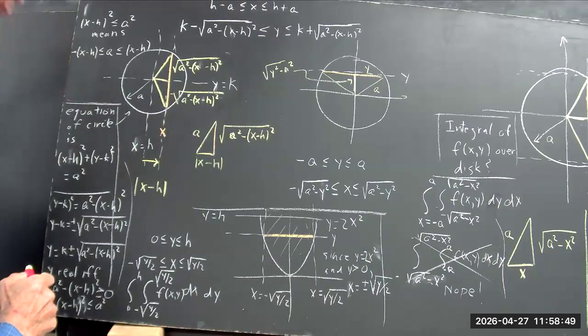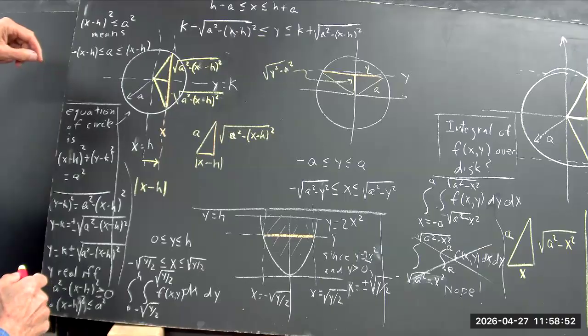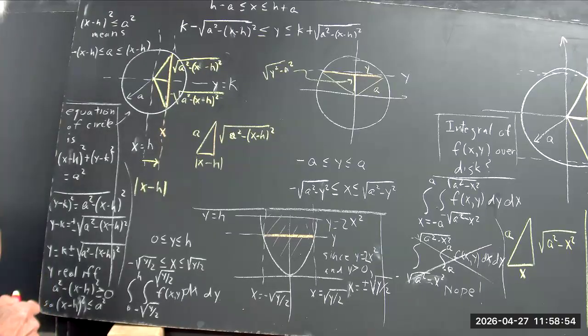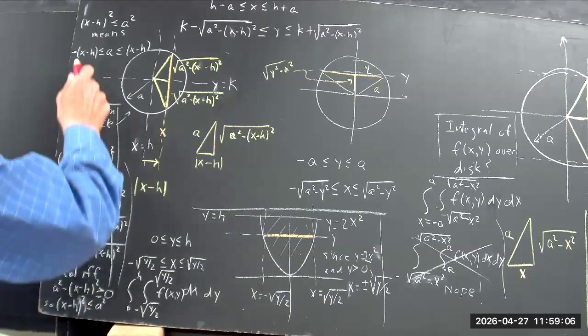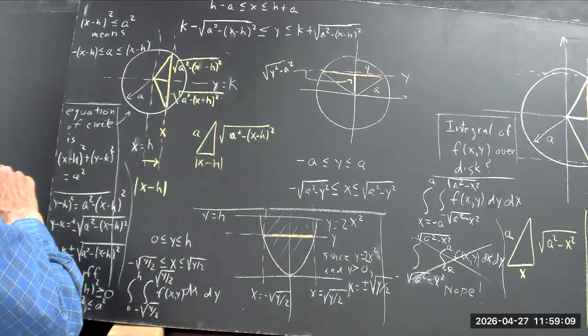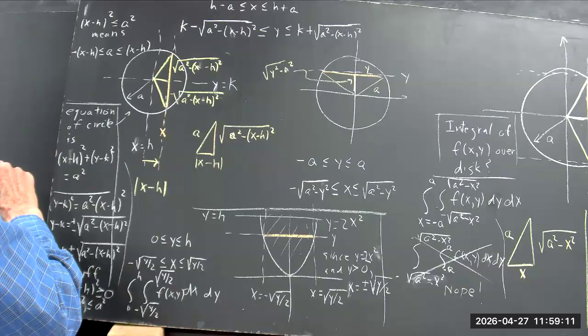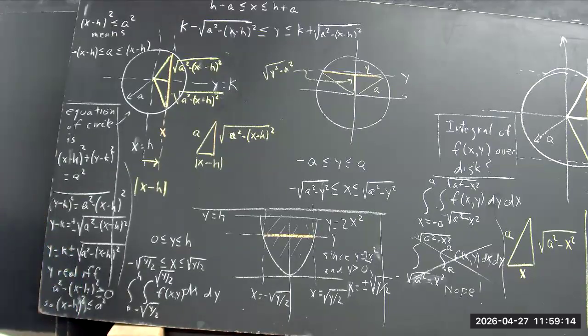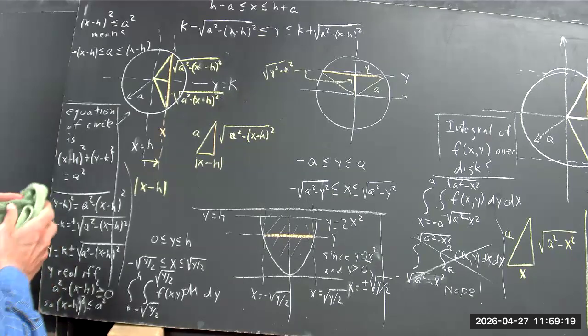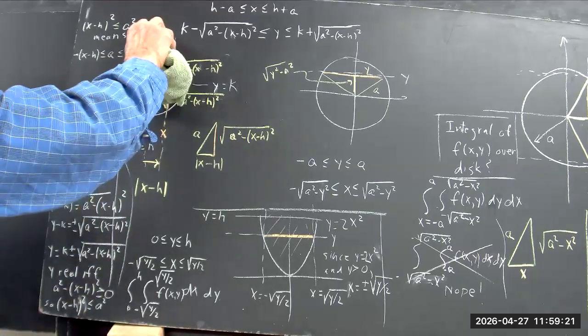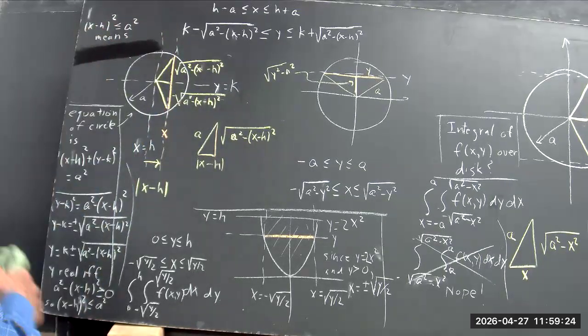And if you then... I'm not sure I like the way I wrote that down, because I can't simply add h to both sides. Explain the algebra a little further. So that's going to be a little less clear.